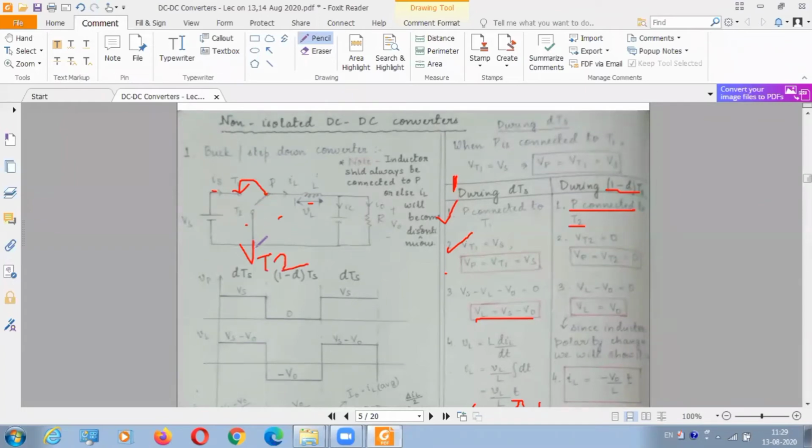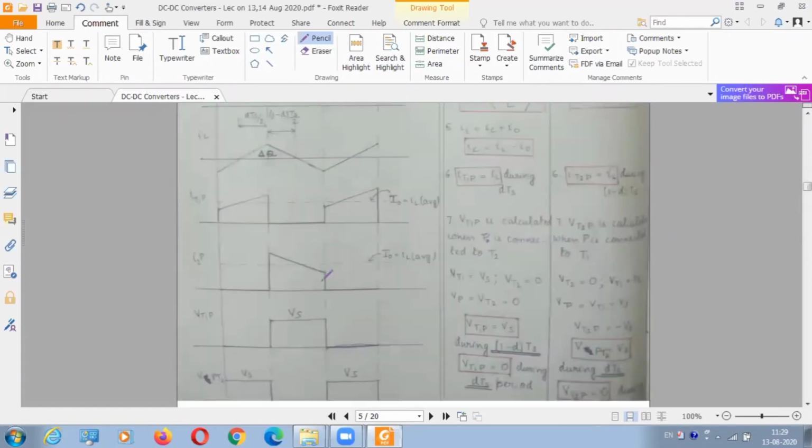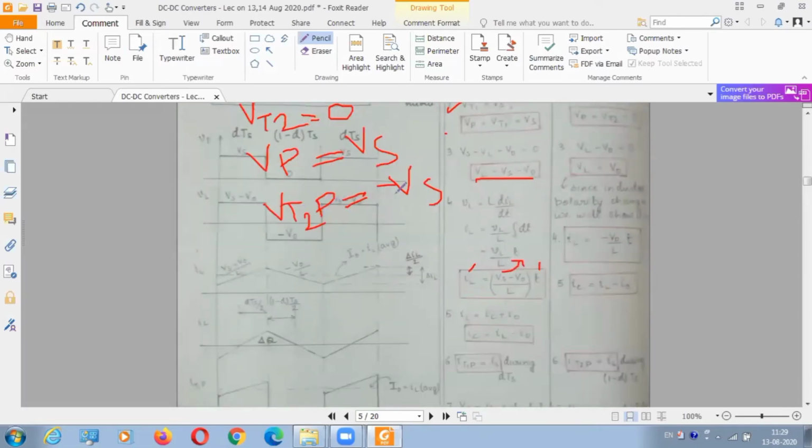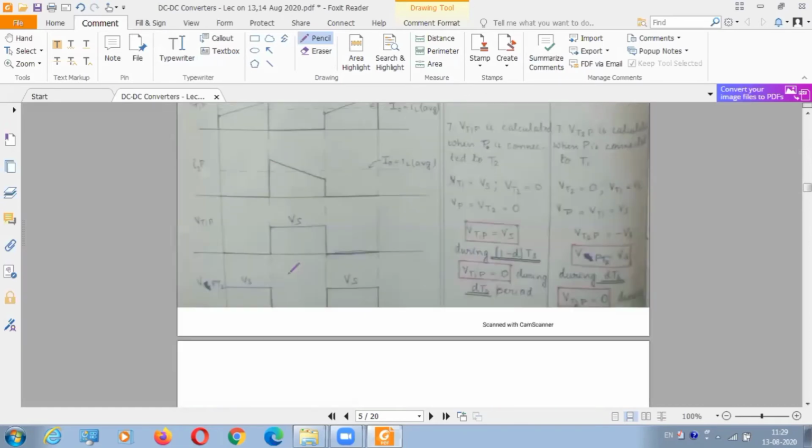So VT2 can be written as 0, and this P and T1 point is shorted, and T1 is Vs. So VP is also Vs. So VT2P is nothing but 0 minus Vs, that is minus Vs. And if you draw VPT2, you will draw Vs. So I have drawn VPT2, and T2P is minus, so PT2 will be plus. So that's why I have drawn plus over here.